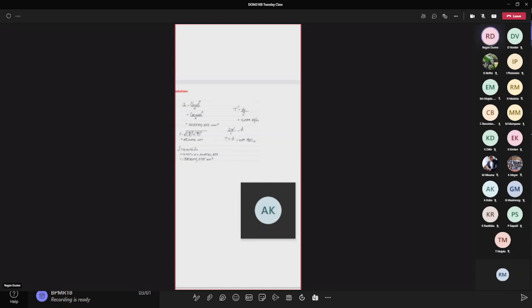We're looking for M. So we have R, we plug R and we plug J in. And so we get kilonewton per meter. So I'm just looking at the solution here quickly.